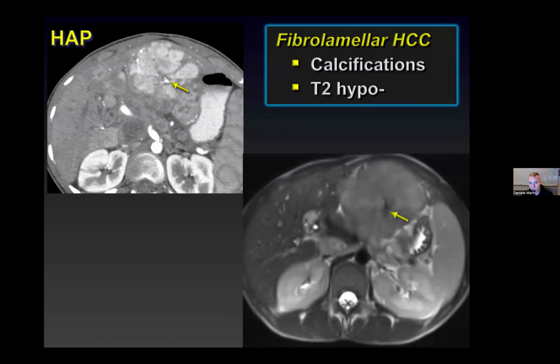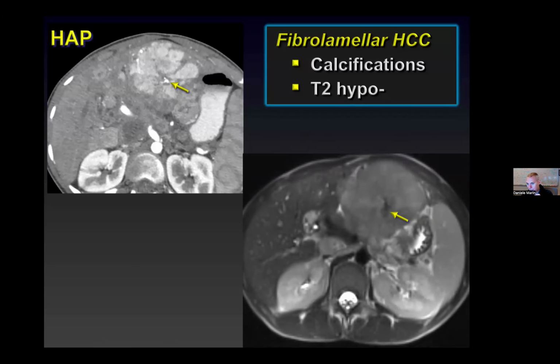The second thing you look for is the appearance of the central scar on the T2 weighted images. If you remember, when we discussed the focal nodular hyperplasia lesions, I showed you multiple examples where the central scar was hyperintense compared to the background liver parenchyma.